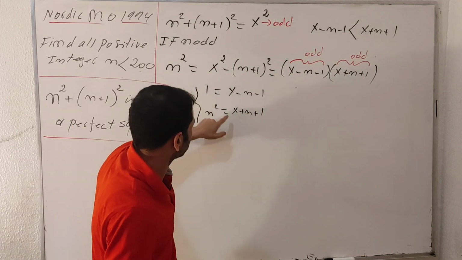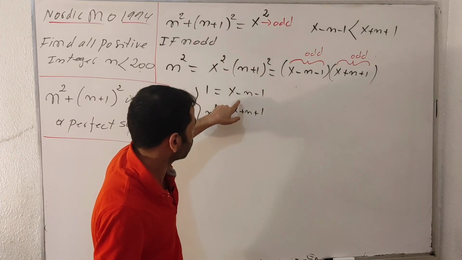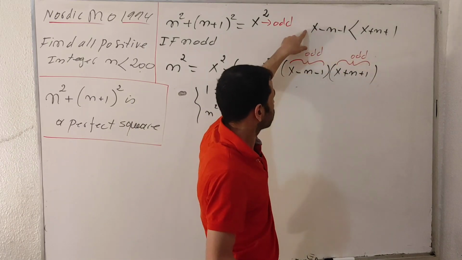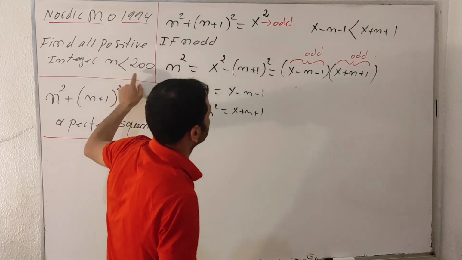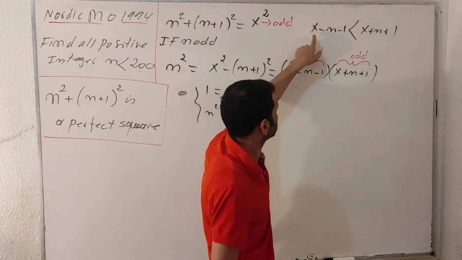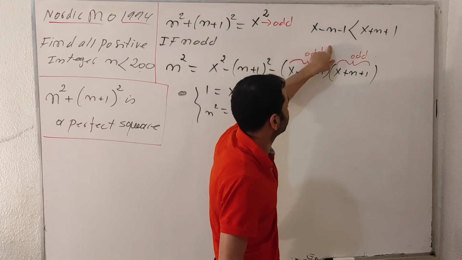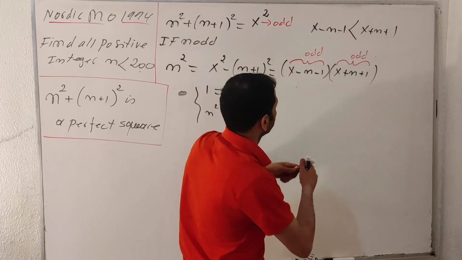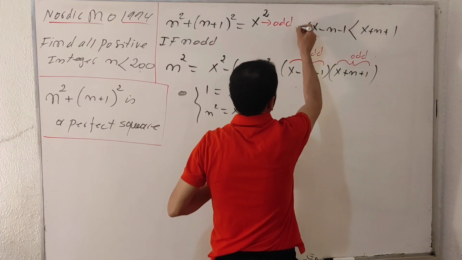Since we have only positive numbers and x squared takes the whole thing, x is bigger than n plus 1, which means the difference is positive.